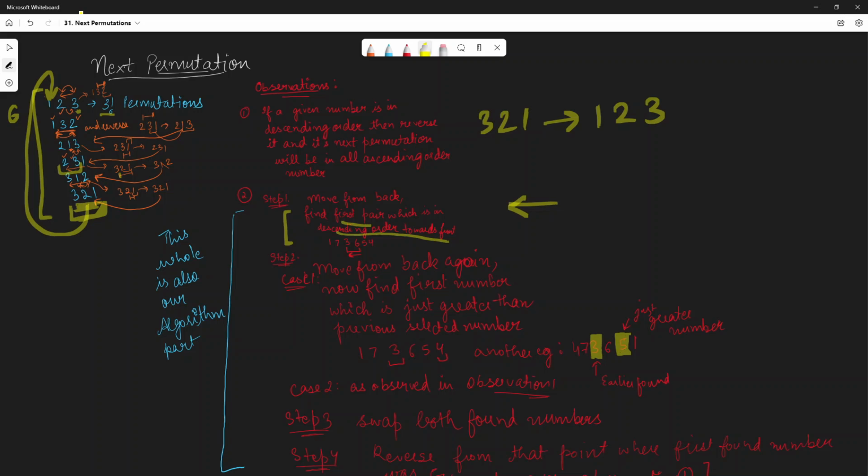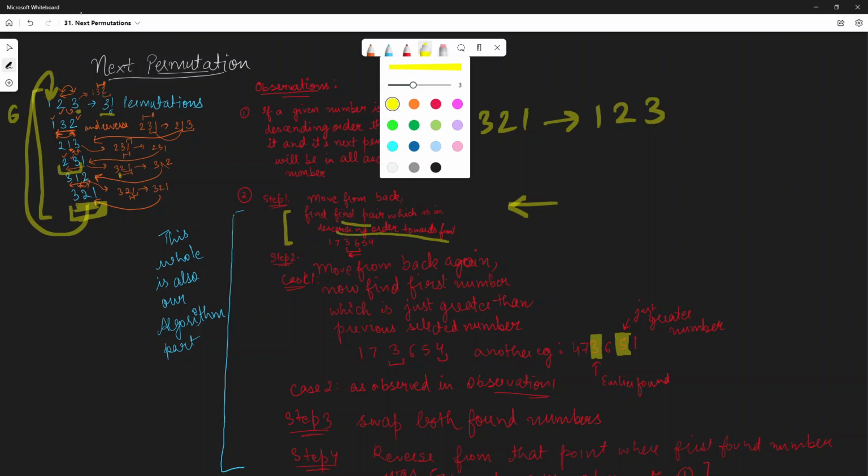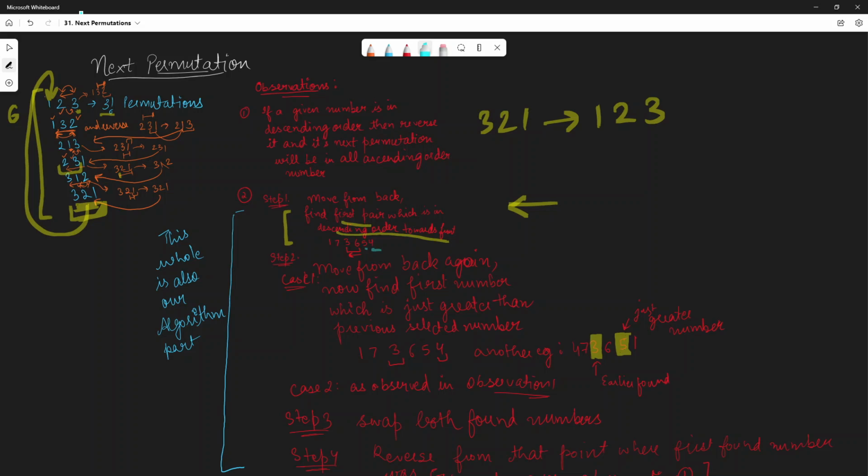So for example, here we can simply observe that this 4 is there, then 5 is there, then 6 is there. All of them are in ascending order if we go from back to front, right? But 6 and 3 is the first pair we can find which is in descending order, right?